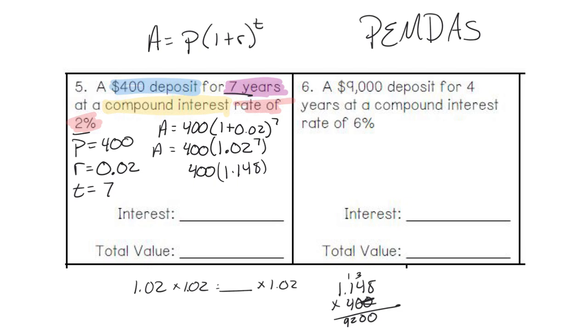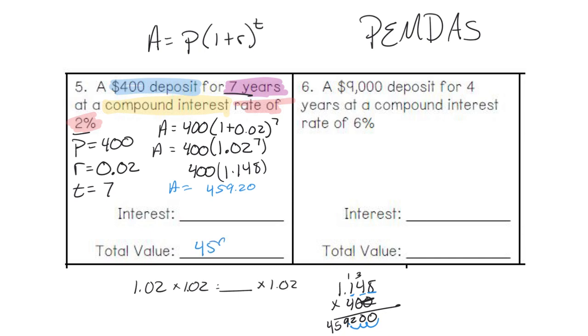Carry the 1. 4 times 1 is 4 plus 1 is 5. 4 times 1 is 4. Now again, remember I have 3 digits after a decimal here. So 1, 2, 3. I get $459.20, but that is going to be the total value.